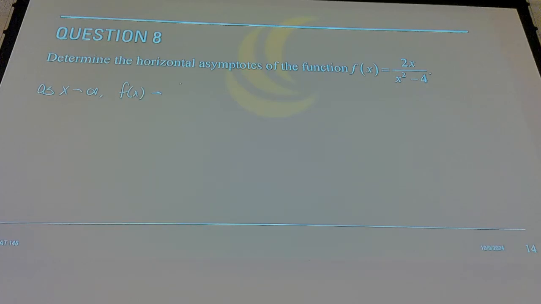So as x gets very large, 2x tends to 2x. X squared minus 4: you get a very, very large number and subtract 4. Again, you go back to the $1 million in student loans, and you make a $4 payment.